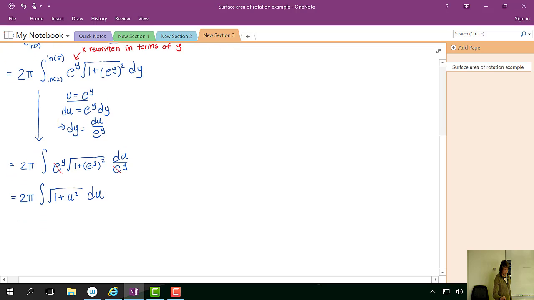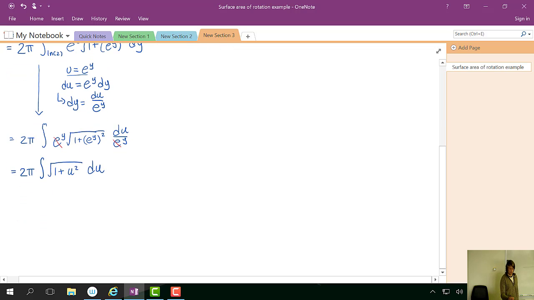So now, how would we solve an integral like this? Square root of 1 plus u squared. Arctan? U equals arctan? Just tangent. Yeah, I think that'd be the case.